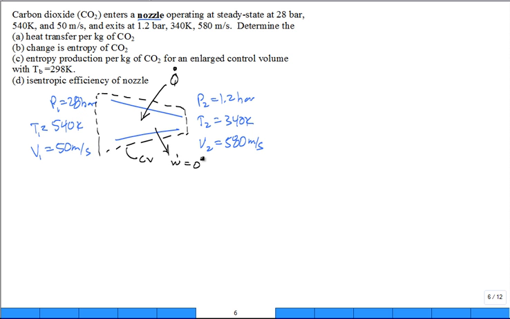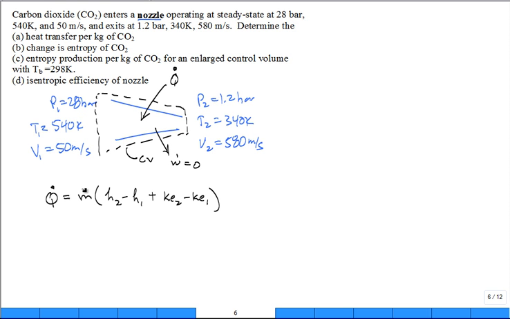No, it's a nozzle. So I write the first law, and I find that Q dot coming in is equal to the mass flow rate times H2 minus H1. Should I stop right there? This is a nozzle. What do I need to include? Kinetic energy. Oh, you're good. Plus KE2 minus KE1.